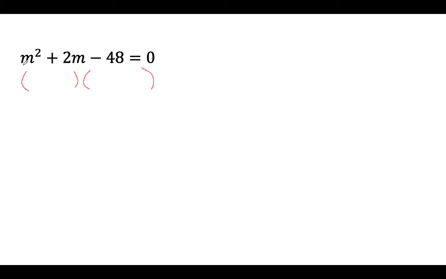So again, there's no number out front, so we know it's going to be an m and an m. This right here, the negative sign, tells us that one's going to be positive and one's going to be negative. And so we need one positive, one negative value that multiply to 48 and add to 2. Okay, so again, we can do some trial and error. Let's see, two numbers I can think of. 4 goes into 48 12 times.